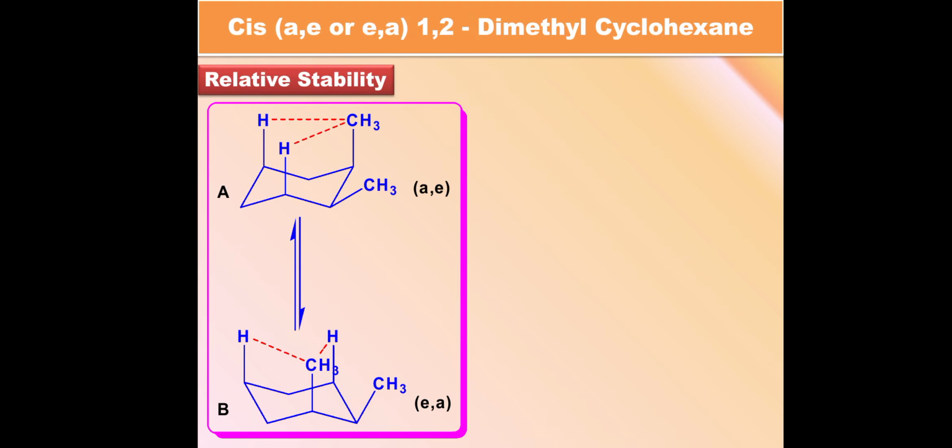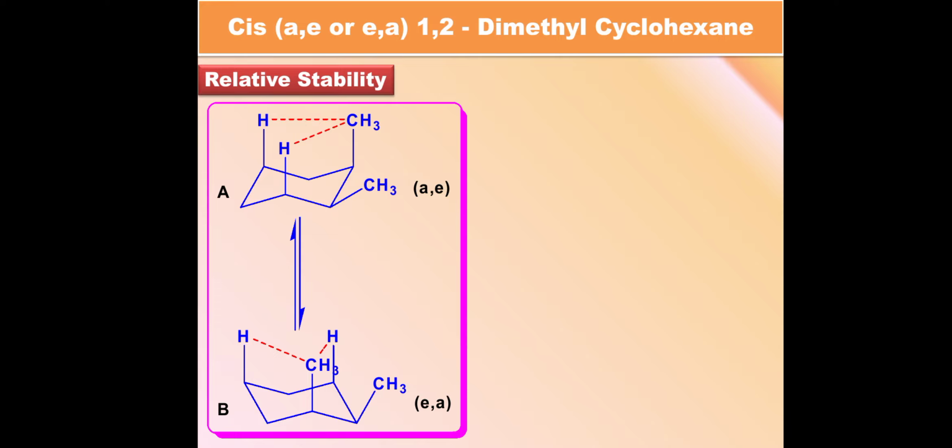If you look at the relative stability of cis axial equatorial or equatorial axial 1,2 dimethyl cyclohexane, there is one axial methyl and one equatorial methyl in both the cases, before flipping and after flipping.